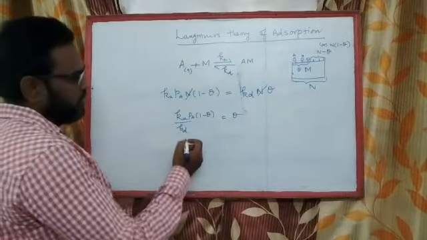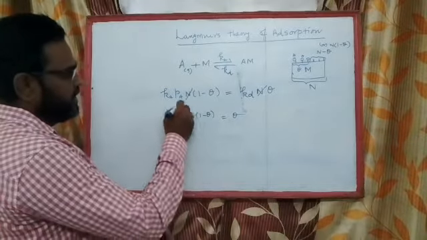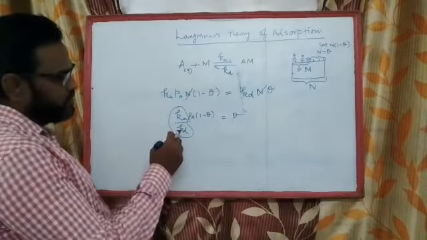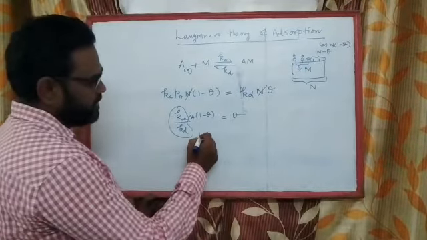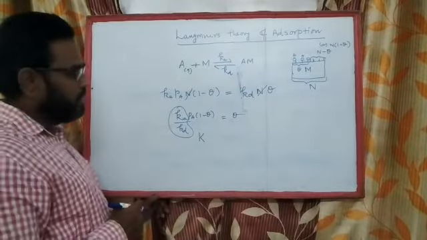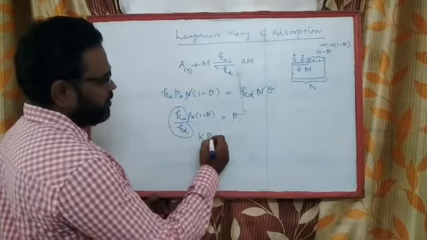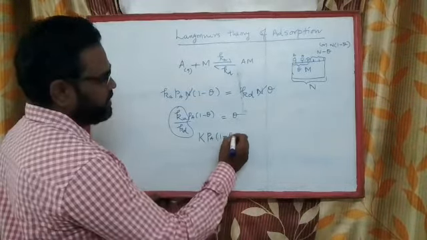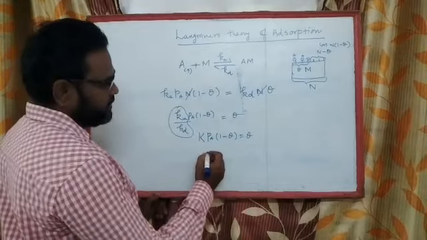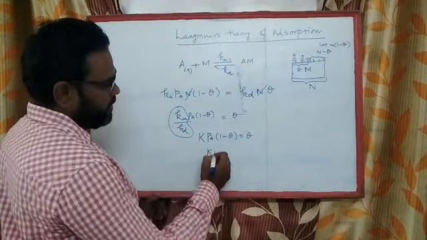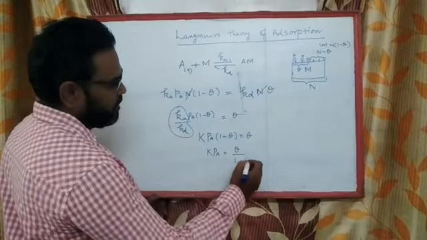Now let us write this whole term Ka by Kd, the rate constant of adsorption divided by the rate constant of desorption, as one single term, capital K, the equilibrium adsorption constant. So this can be written as K Pa into (1 minus theta) is equal to theta. So K Pa is equal to theta by (1 minus theta).